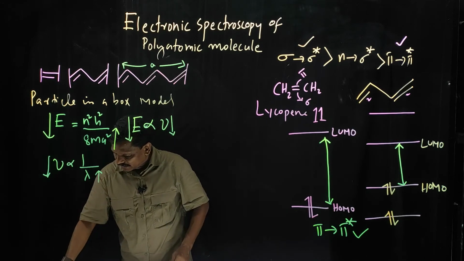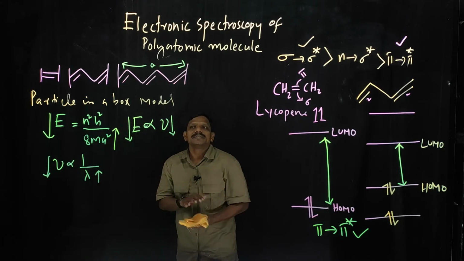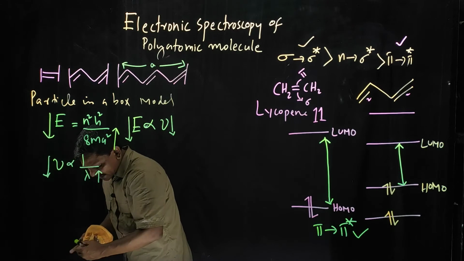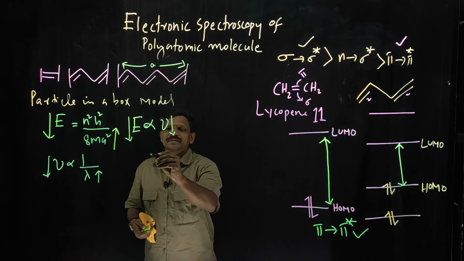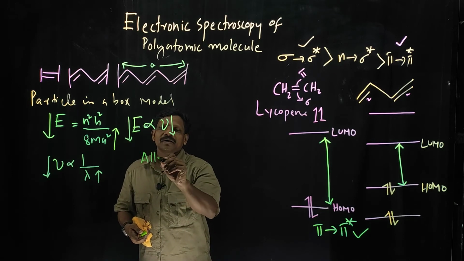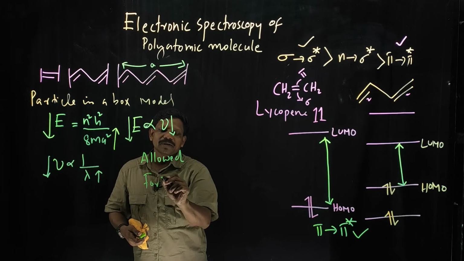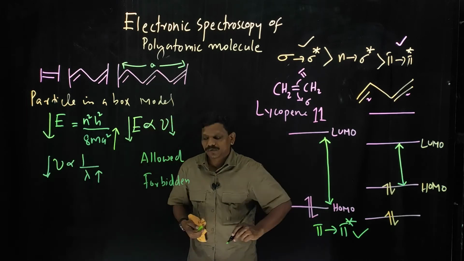Then next I will tell you two terminologies. Here one more thing I can tell you. There are the transitions. Normally there are two types of transitions. One is called allowed transition and the other one is called forbidden transition.